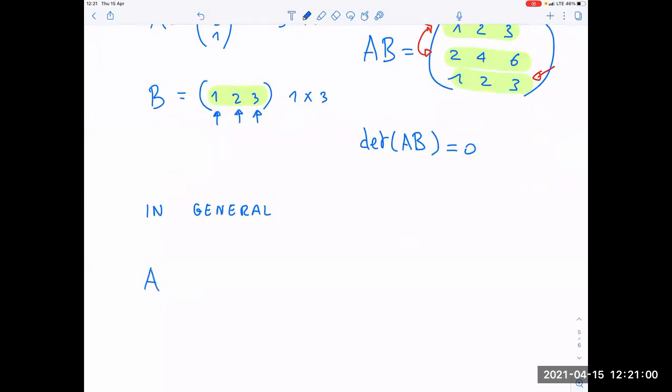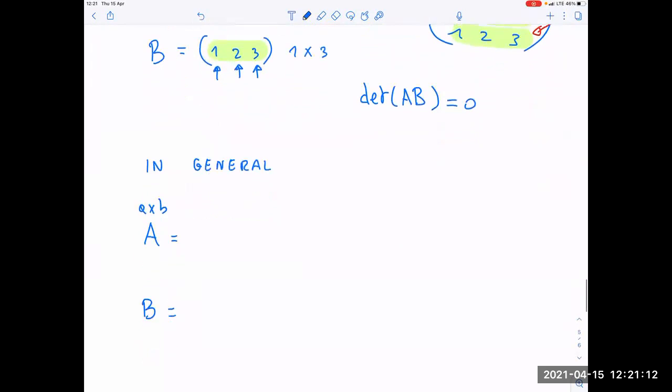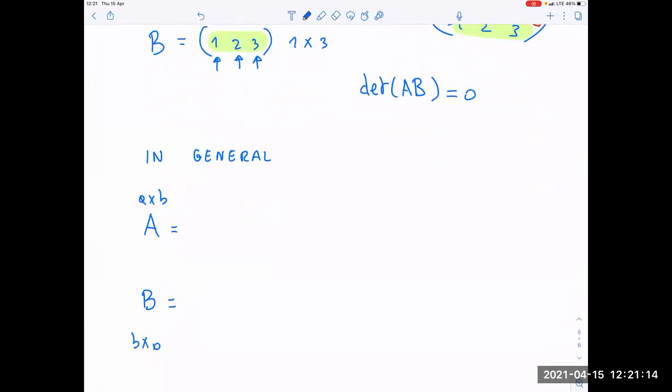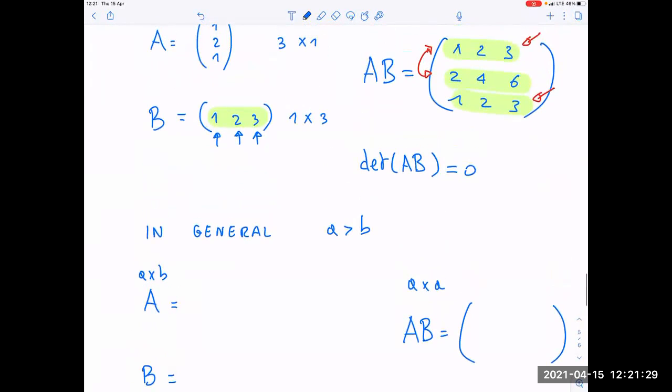Well, in general, I will have my matrices A and B. Matrix A is A times B, and matrix B we said is B times A. And I want to have a look at the product AB, which is going to be A times A. And we know that A is more than B. Like in this example, A was 3 and B was 1.